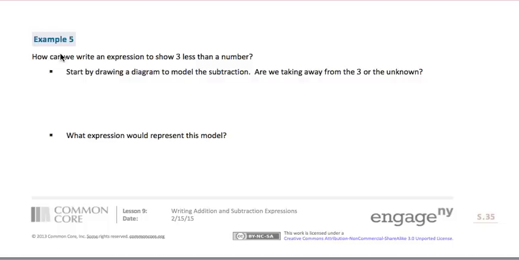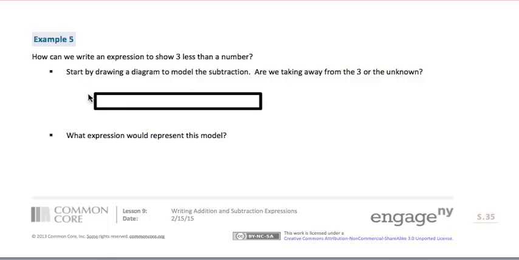Which brings us to example 5, where they're asking us how we can write an expression to show 3 less than a number. So we start by drawing a diagram to model the subtraction. And here's our bar. Are we taking away from the 3 or the unknown? How can we write an expression to show 3 less than a number?